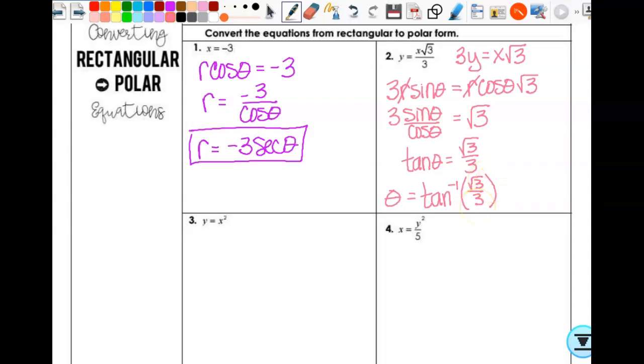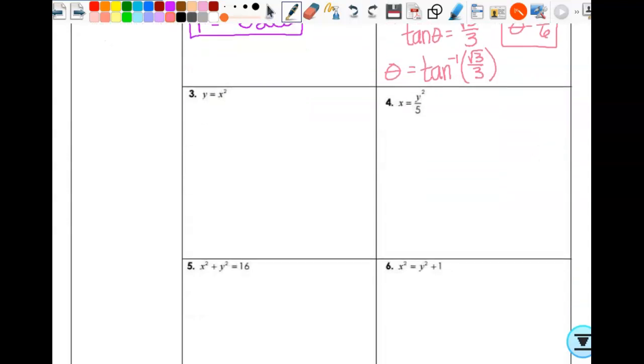When is tangent square root of 3 over 3? Pi over 6. So theta equals pi over 6. Okay. And we know that that is one way to graph a line in the polar coordinate system. Everybody okay with all that?